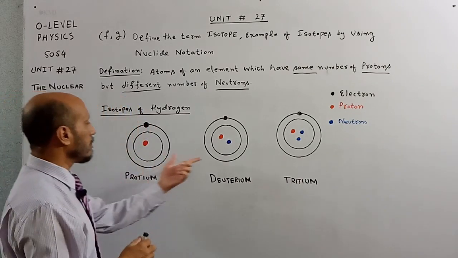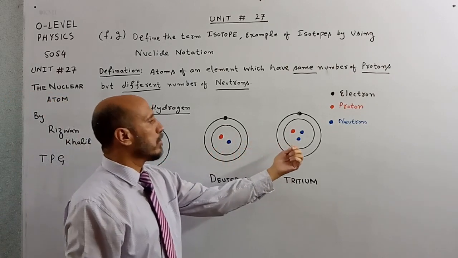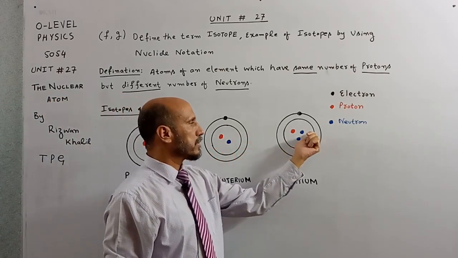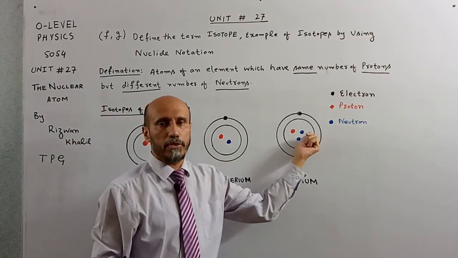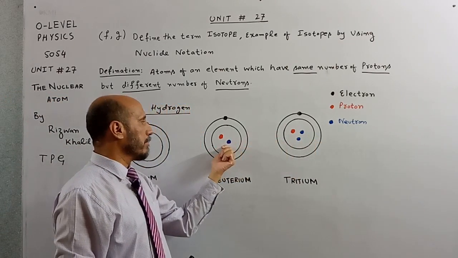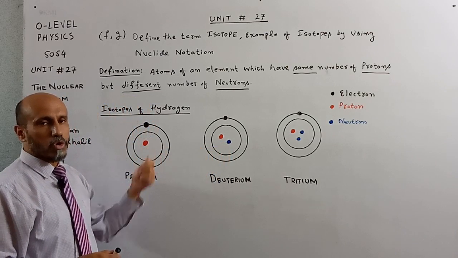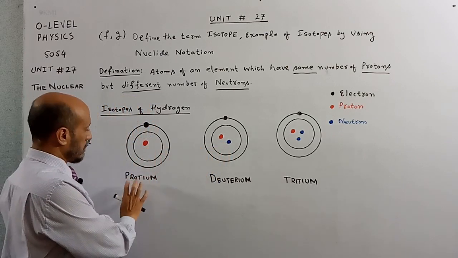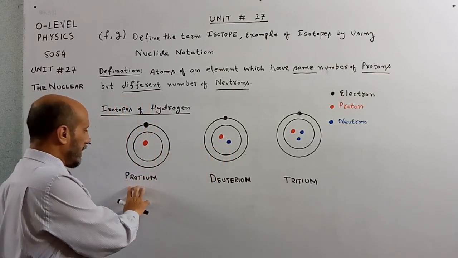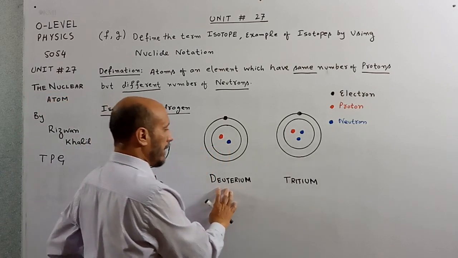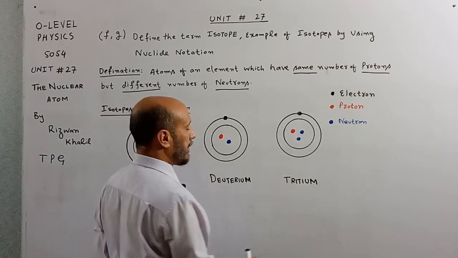Now if we look at the number of neutrons, here there are two neutrons, here there is only one neutron, and there is no neutron over here. So this is called protium, this is called deuterium, and this is called tritium.